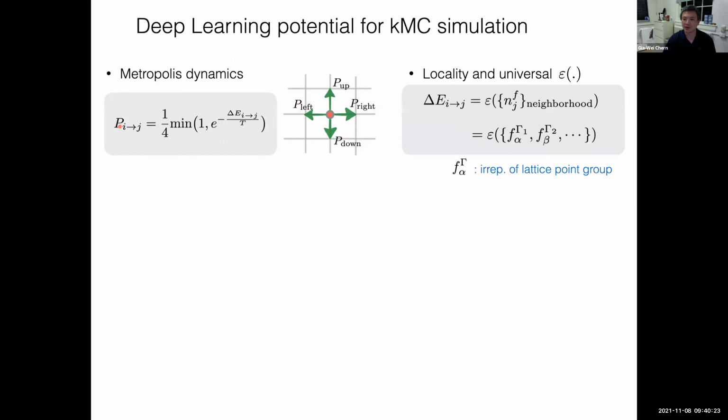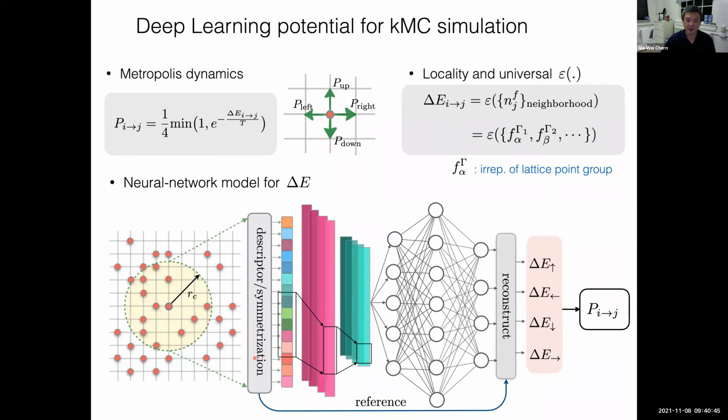And we also assume this delta E, the energy difference after and before the update, only depends on the neighborhood configuration of the F electrons, and then we use a similar descriptor to find the generalized coordinates which are invariant under symmetry operations. And then we develop a neural network to directly predict these 4 different energies when you move the F electrons up, left, down, or right.